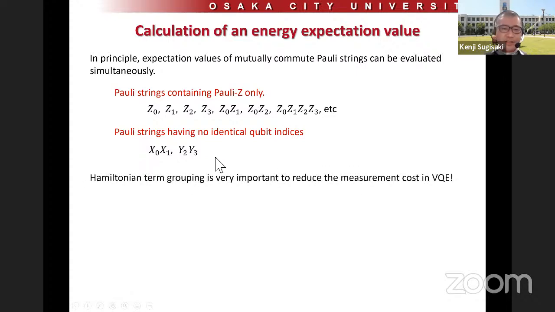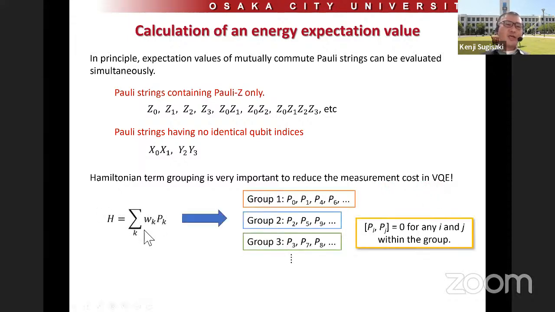So in this context, Hamiltonian term grouping is very important to reduce the measuring cost in VQE. So we have a qubit Hamiltonian that consists of a linear combination of Pauli strings, and we have to perform grouping as shown here, so as to make the Pauli operators within the group all commutative to each other.